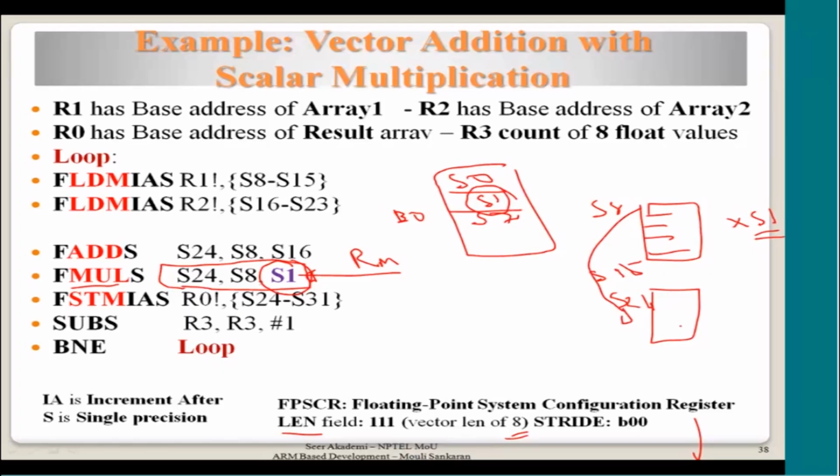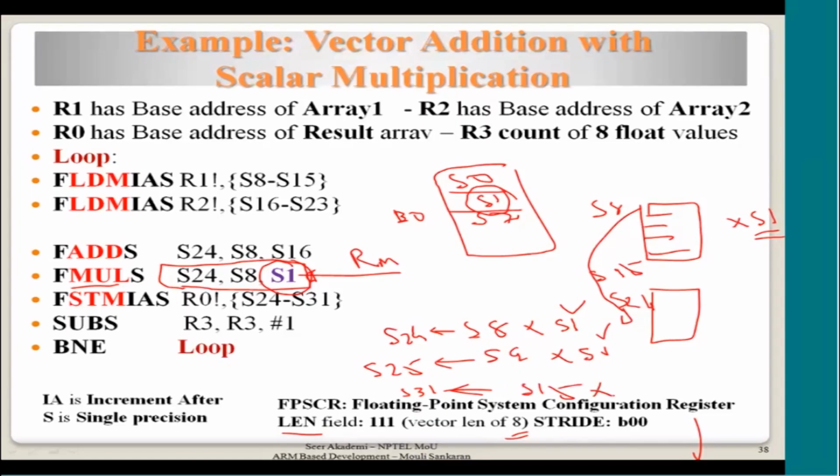That means S8 times S1 is written into S24, and then S9 times S1, the same register, please keep in mind, is written into S25, and so on up to S31, which is written by S15 times S1.